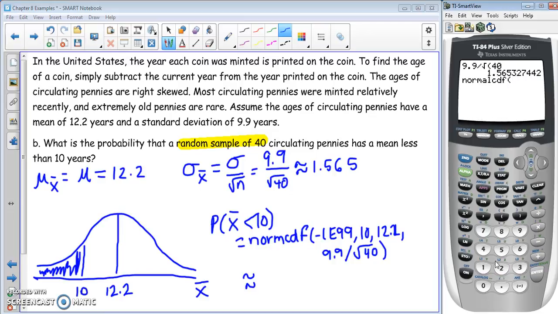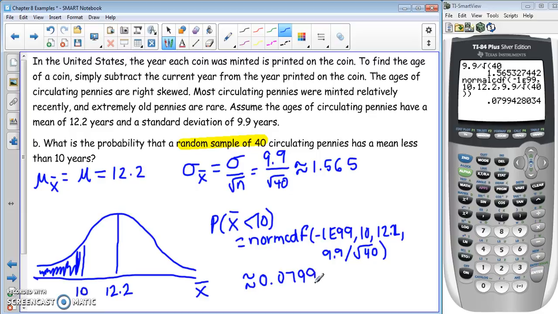So second vars 2, negative 1 second E99, comma 10, comma 12.2, comma 9.9 divided by second, and the x squared button will give us the square root, 40. Close the parenthesis to get what's under the square root, then close it for normal CDF, and then enter. We get approximately 0.0799.